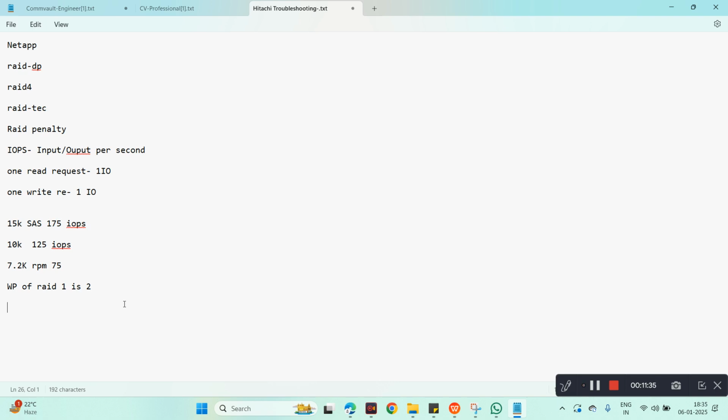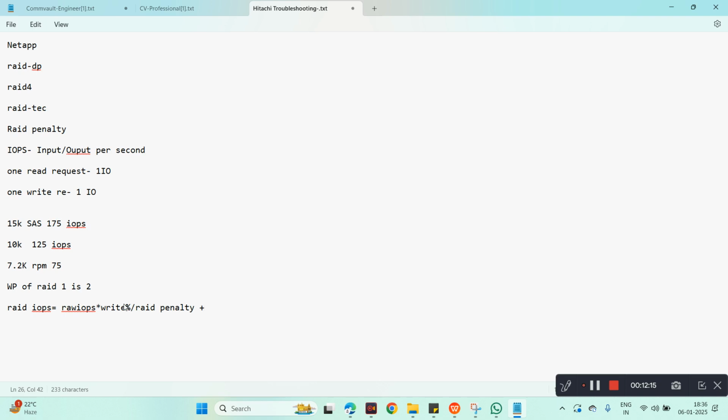Normally, the IOPS that your RAID group can support would be the raw IOPS of a single disk, whatever disk is there, multiplied by your write percentage, and you have to divide it by the RAID write penalty.